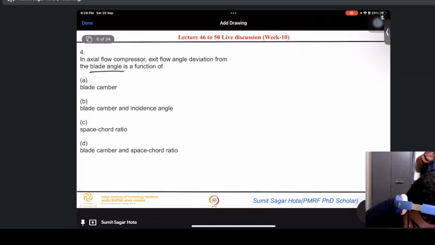But the confusion arises whether it is a function of other things, maybe space chord ratio, or only blade camber, or is there any incidence angle? You always remember that in this type of question, the deviation from the blade angle is a function of camber, and the incidence angle also plays a major role in it. We will see this in the problems. So the answer for this type of question.